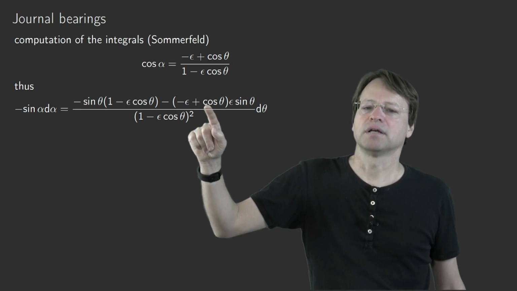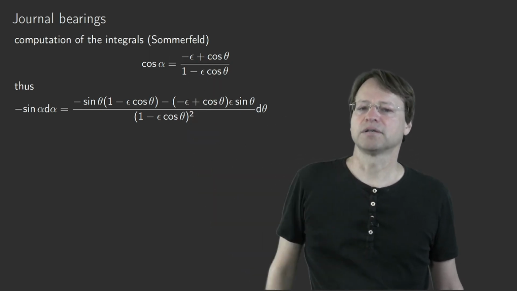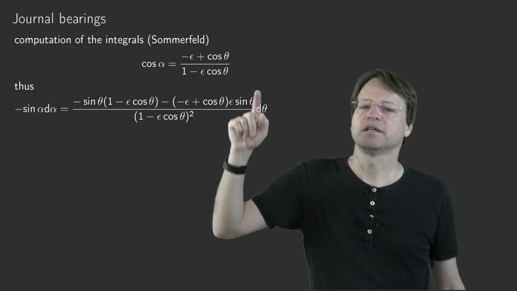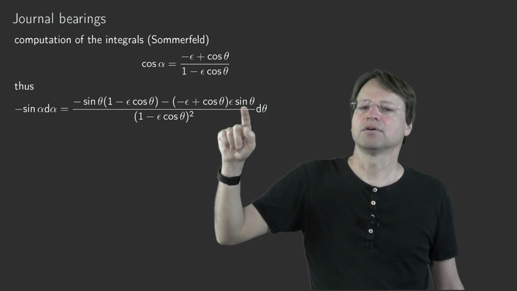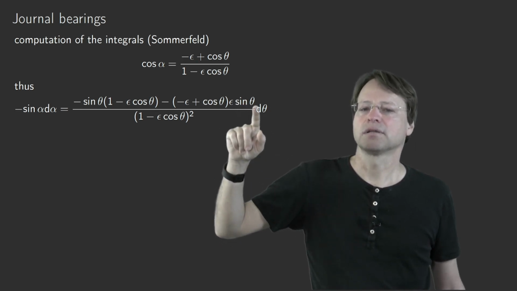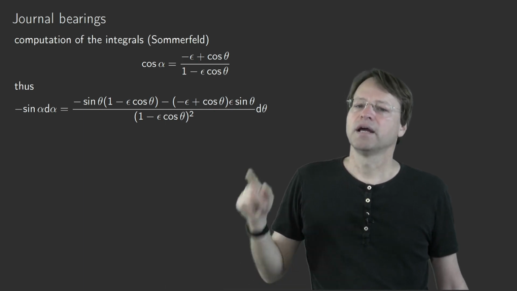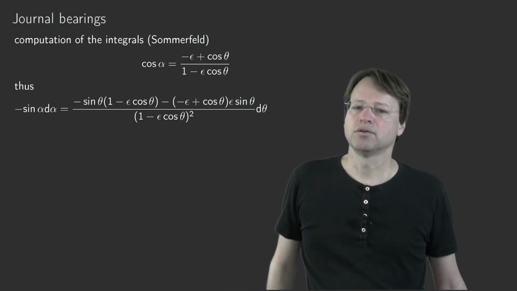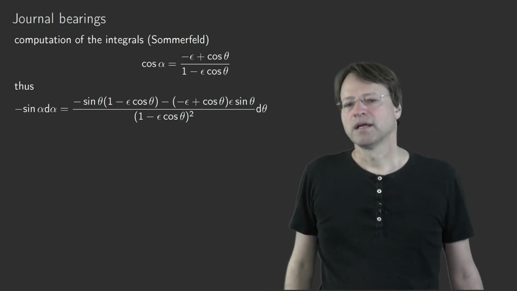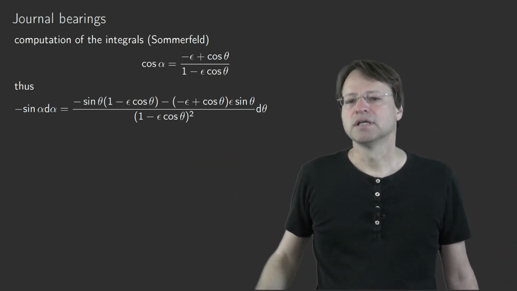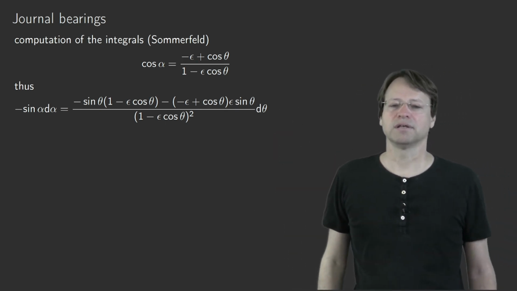I multiply a second term here. I copy the numerator, minus epsilon plus cosine theta, and I take the derivative of the denominator, which is just epsilon sine theta. And I divide by the denominator squared, 1 minus epsilon cosine theta squared. And don't forget the d theta here.